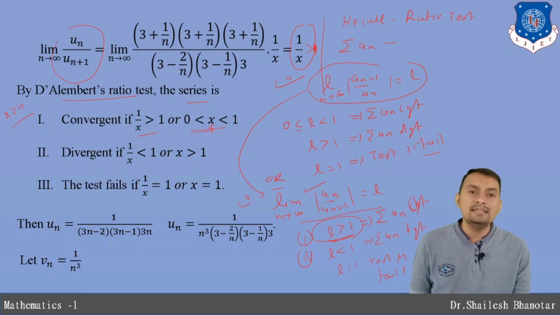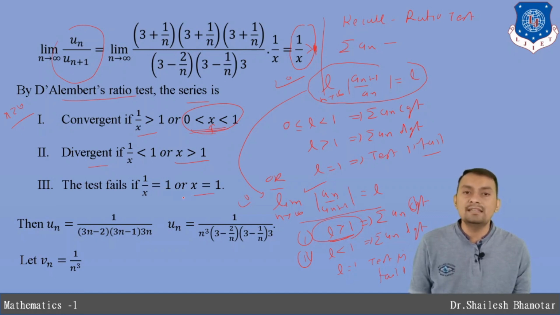Therefore the series is convergent if we have this, and divergent if this quantity is less than 1, so when we take its reciprocal it is going to be x greater than 1. And the test fails if 1 divided by x is equal to 1, that means x is equal to 1.